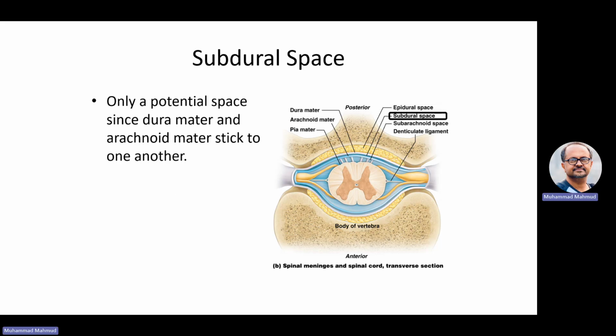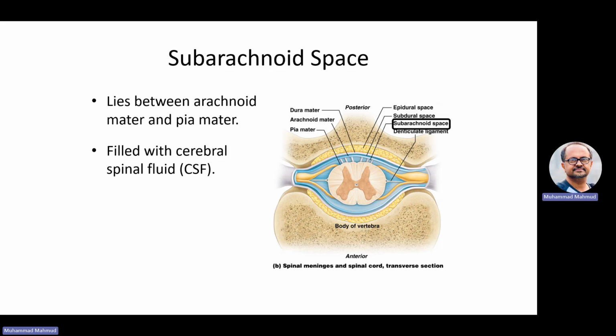Subdural is only a potential space since dura mater and arachnoid mater stick to one another. It's a very small space. Subarachnoid, below the arachnoid, is filled with CSF. Keep that in mind. Cerebrospinal fluid, which makes our brain and spinal cord float.